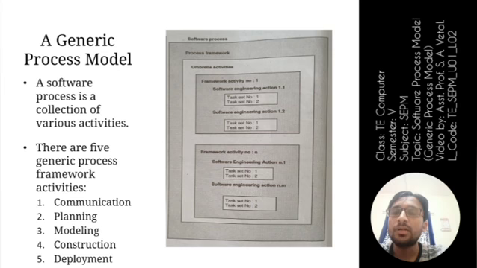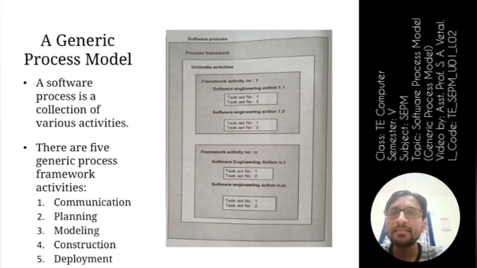In the generic process model, we know that a software process is a collection of various activities. If you observe the diagram shown in the slide, we have task set number 1 and task set number 2. Task set number 1 and task set number 2 form a software engineering action. We are going to form one action.